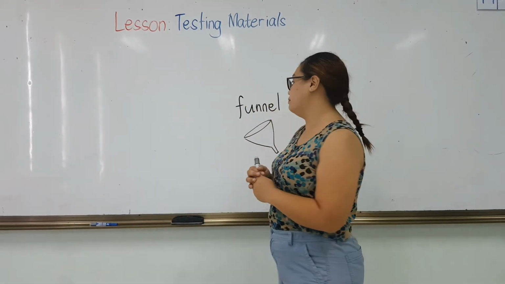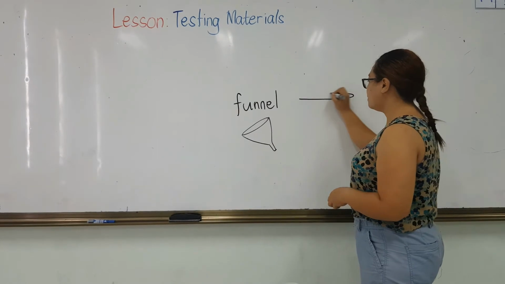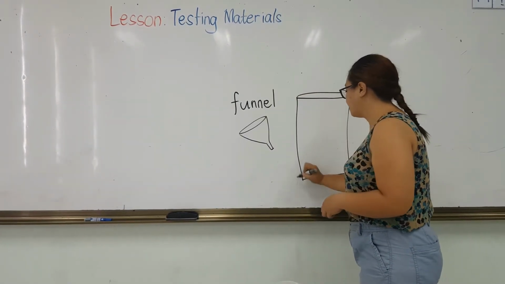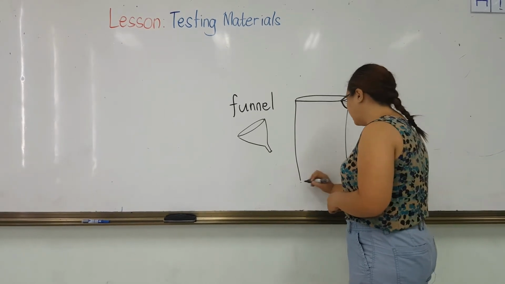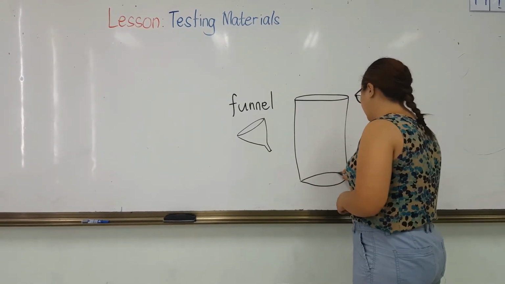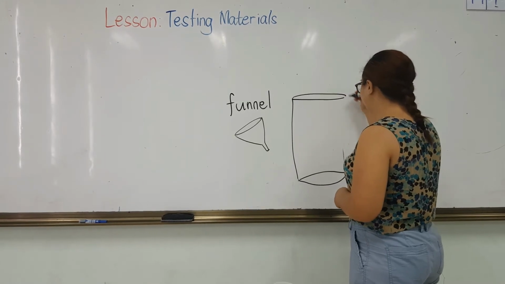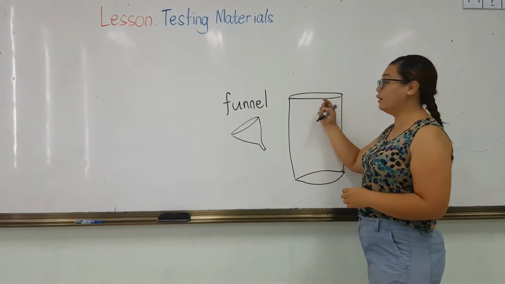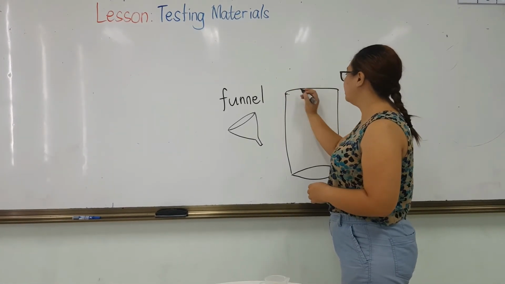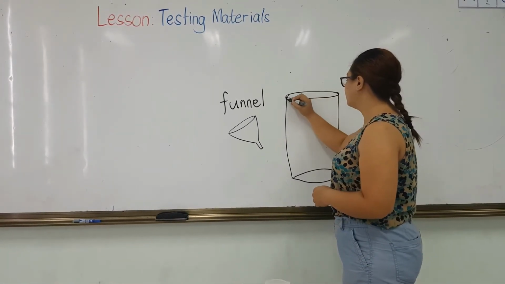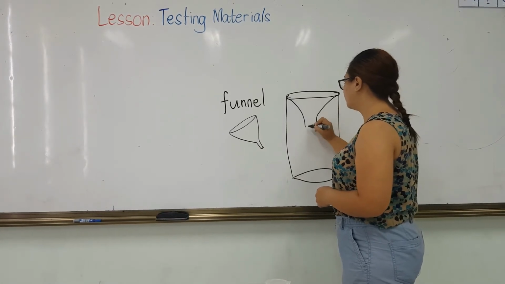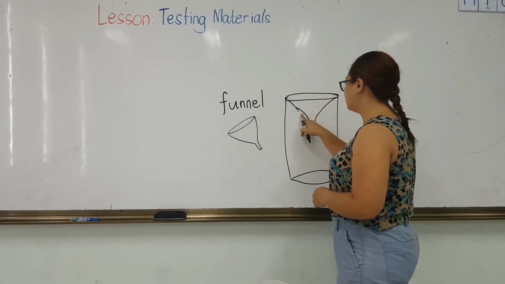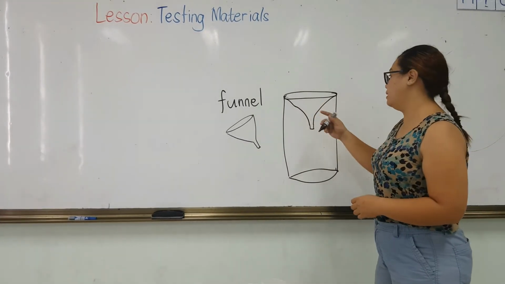So it should look something like this. You have your container. Okay, let's make it a good drawing. You have your container. Inside the container, here, please put the funnel. Put your funnel inside.